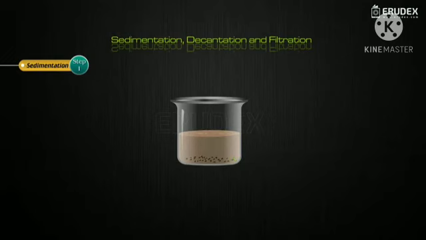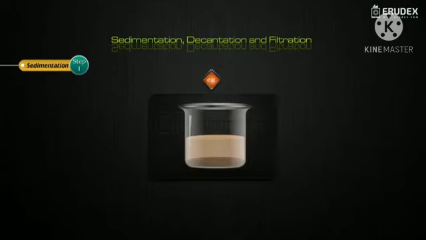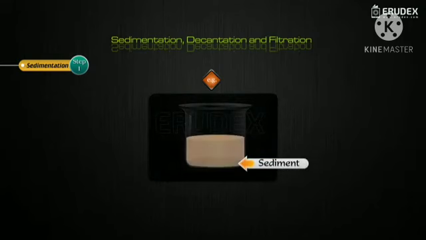The component of the mixture which settles down is called sediment, and the clear liquid is called supernatant. Example: when muddy water is allowed to stand for some time, mud and sand particles settle down as sediments. The clear water is obtained as a supernatant.